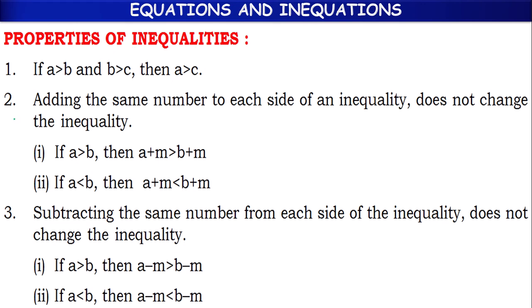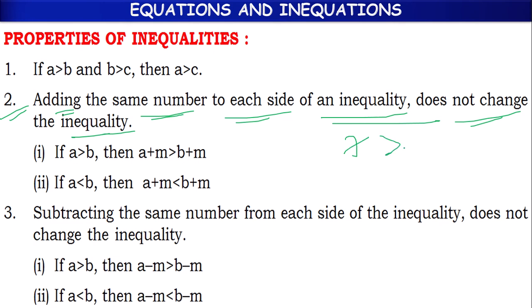Next, second property. Adding the same number to each side of an inequality does not change the inequality. Suppose 7 is greater than 5. If we add the same number on both sides, 7 plus 2 is 9, greater than 5 plus 2, 7, which is true.